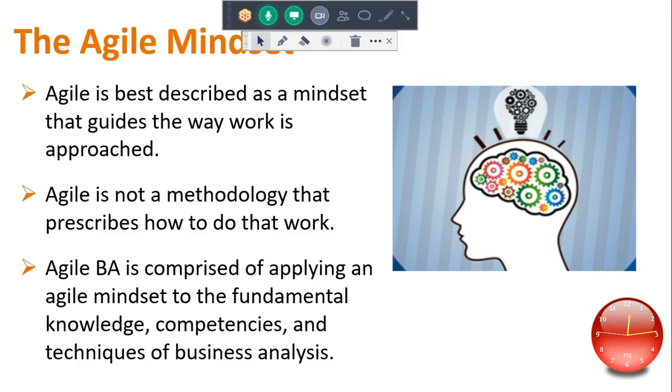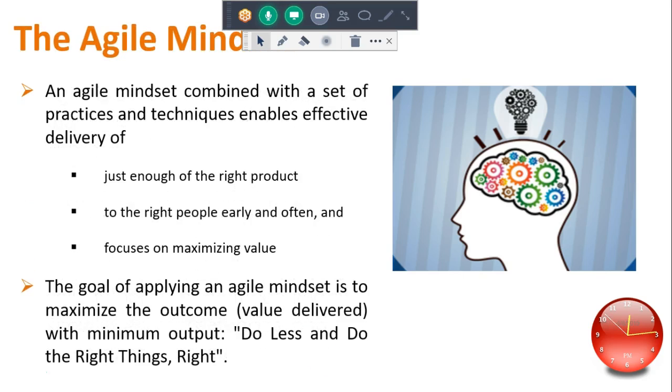It's when you apply the techniques and how you apply them. If you're operating in an agile environment, what you're looking to do is build the right products, build those products the right way, and build them at the right time when they're needed.